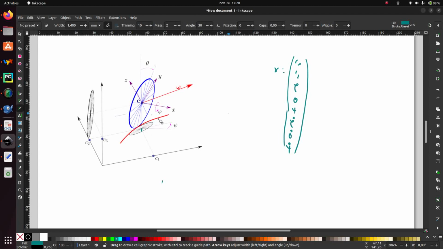And the heading is the psi angle. So in this situation, the wheel is moving in this direction. We can see here that psi is not directly the heading if we consider it as a vehicle, but if I move psi, then I will see that the heading of the wheel will change.